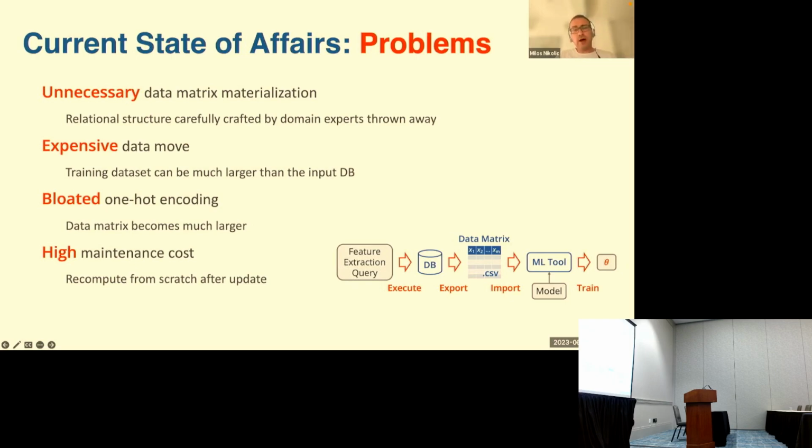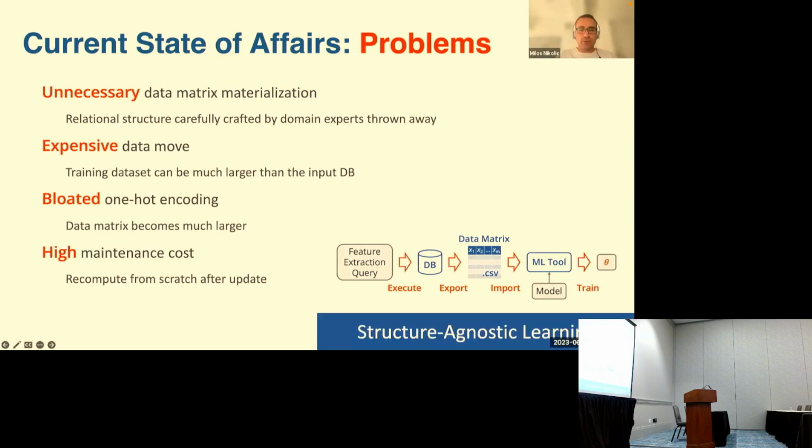And fourth, after training the model, any change in the input data in the form of tuple insertions or deletions or schema changes would require retraining from scratch. We call this approach the structure-agnostic approach. And the reason is that once the training set is constructed, the information about the relational structure, such as integrity constraints and join dependencies, is thrown away and disregarded in the subsequent process of learning the model.